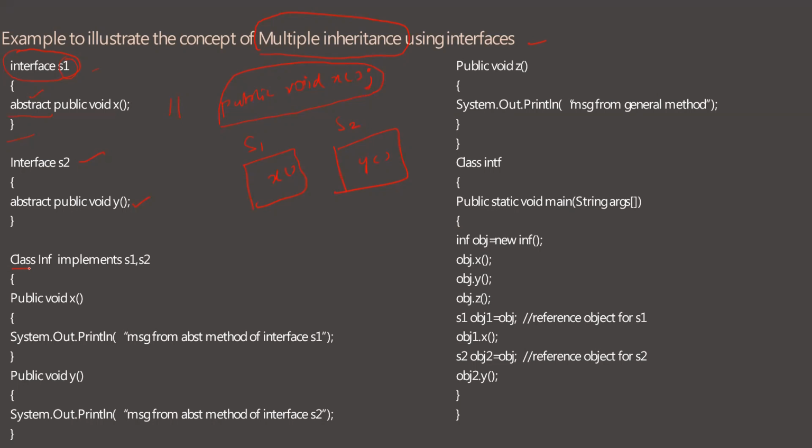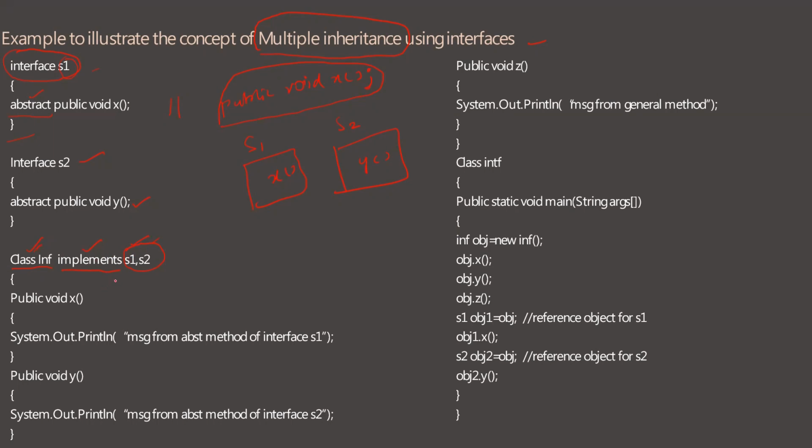I'm creating a derived class INF that implements two interfaces, S1 comma S2. As there is a combination of class and interfaces, you're going to use the keyword implements, right? If it is class and class, then you're going to use extends. If it is interface and interface, you're going to use extends. But it is class and interface, so you're going to use implements, right?